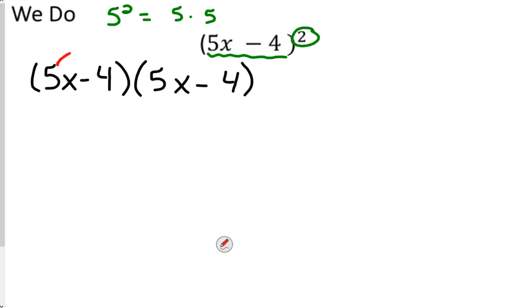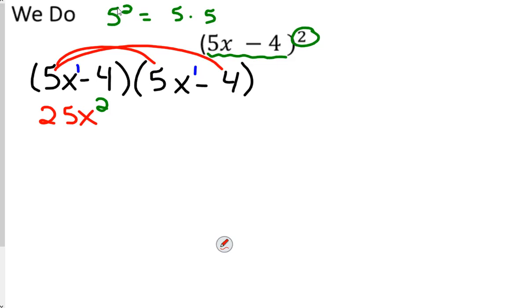So we're going to take this first 5x and multiply it times everything in the second set of parentheses. 5x times 5x should give me 25x, but don't forget that you have to add those exponents, so it should be squared. Now, signs: positive times a positive is a positive, 5 times 5 is 25, and x times x, don't forget that there's an invisible 1 for each of these, 1 plus 1 is 2, that's how I ended up with x squared.